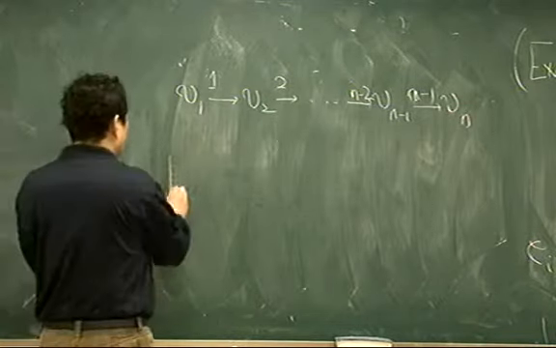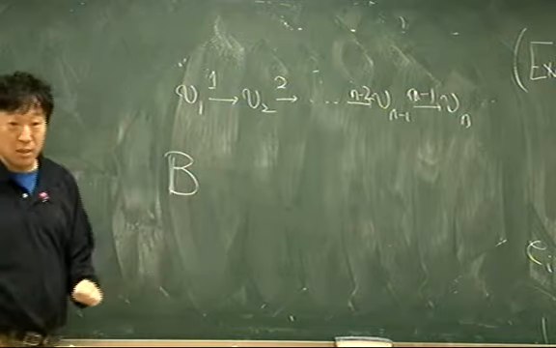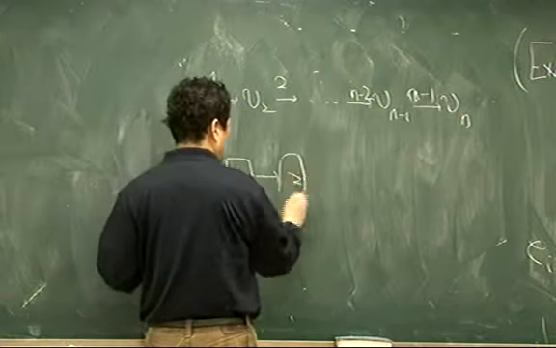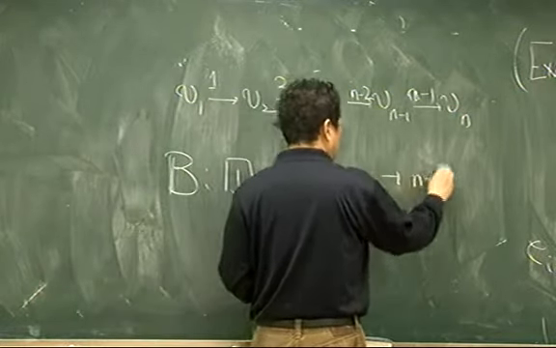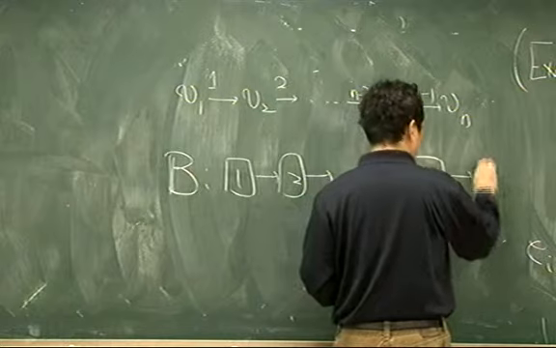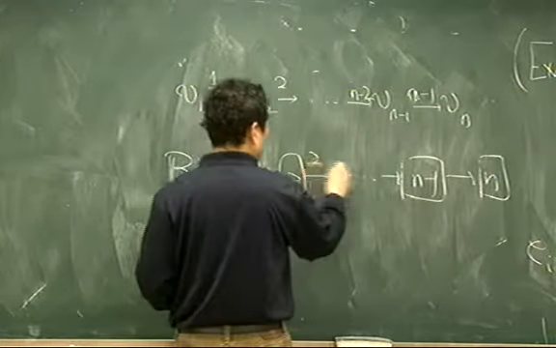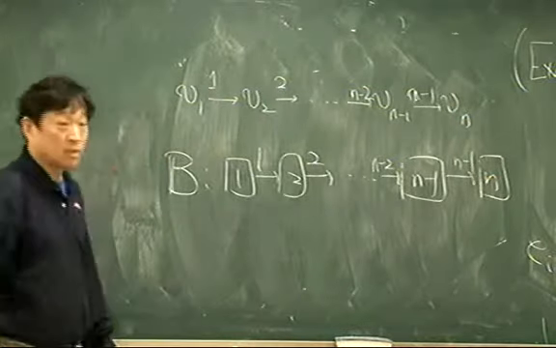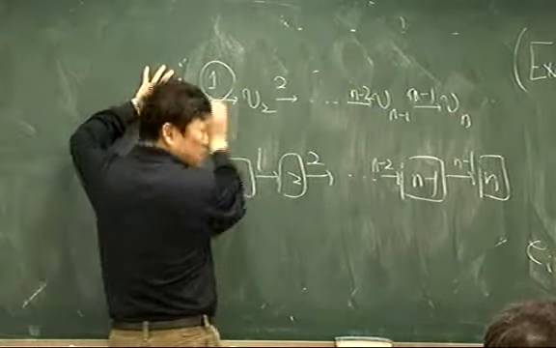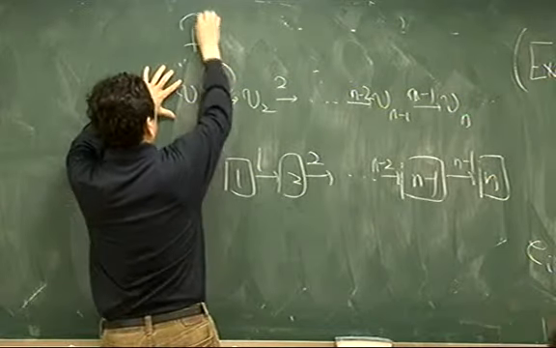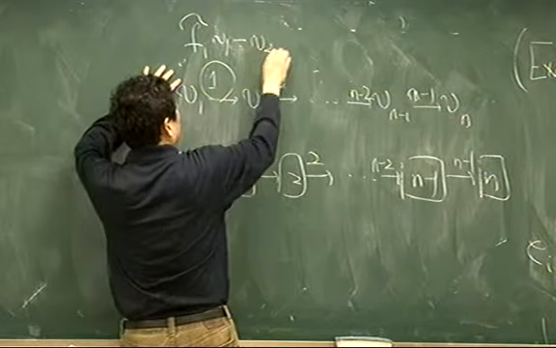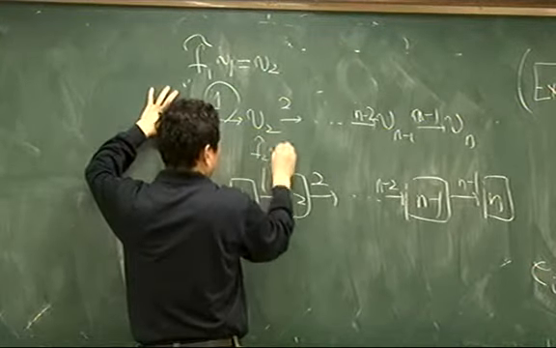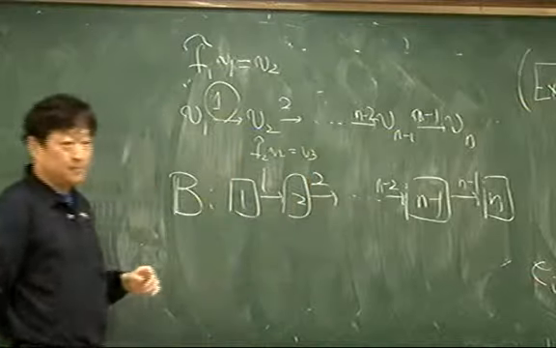And we will denote by boldface B the graph from 1 to n minus 1 to n: 1, 2, up to n minus 2, n minus 1. What is this 1 to n minus 1? It means if you apply f_1 to v_1, then you will get v_2, and then f_2 to v_2 gives v_3.